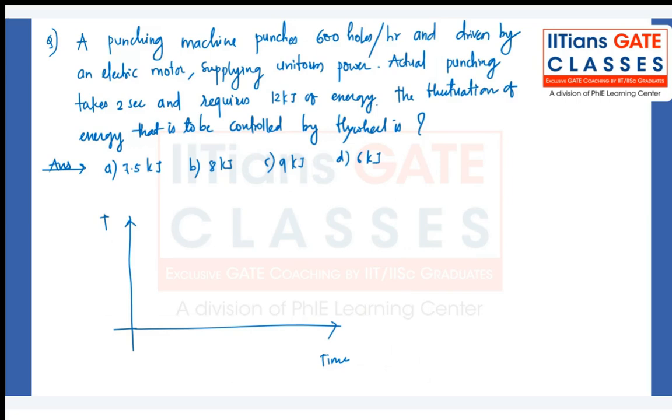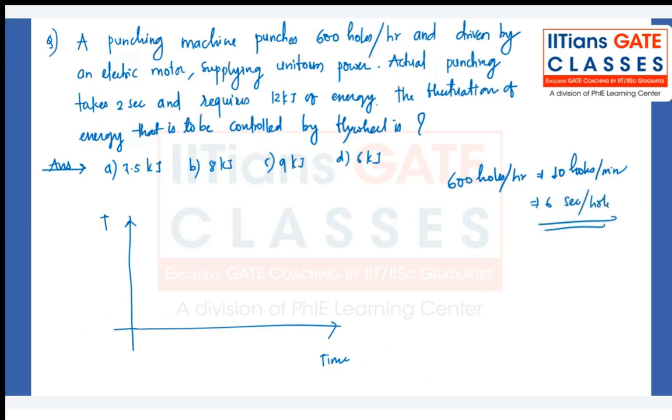The actual punching takes 2 seconds and it requires 12 kilojoule of energy. 600 holes per hour means 10 holes per minute, which means 6 seconds per hole.